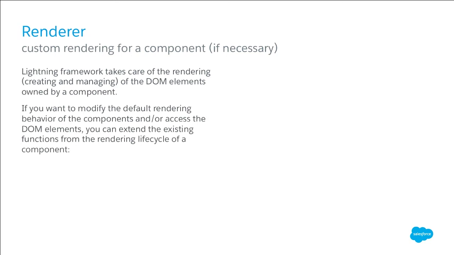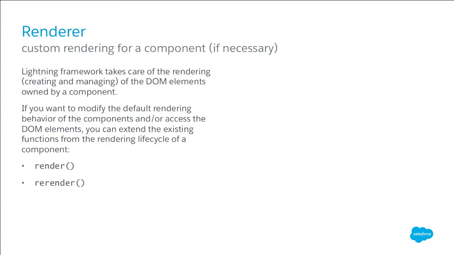And there are 4 predefined functions inside the renderer that can be overridden. So if you write a controller, you can write your own functions. But inside the renderer, there are 4 pre-built functions. Only those can be modified. Right, the first one is the render. So if you modify the render, the default rendering behavior will be affected.